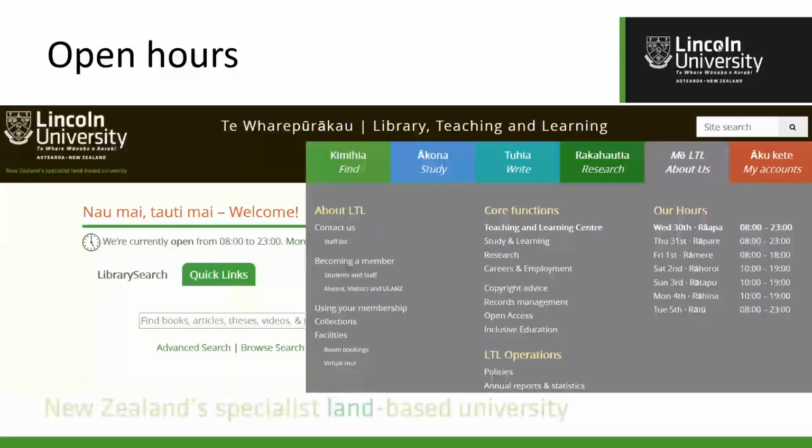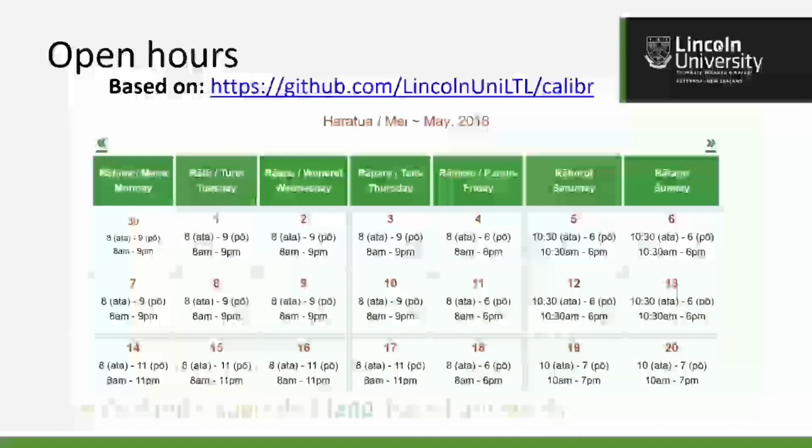But at the moment, once we've got that CSV file, we can use that to display just today's date on the website. And we've got the current weeks if you go under About Us. And if people click on more hours, then they get to the full calendar.